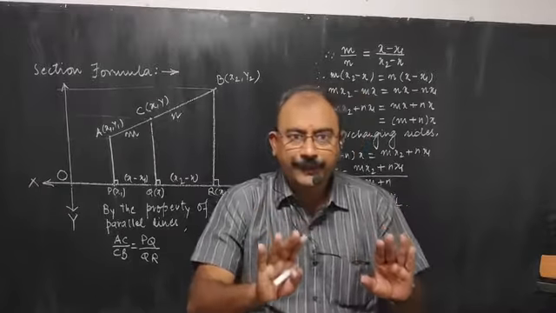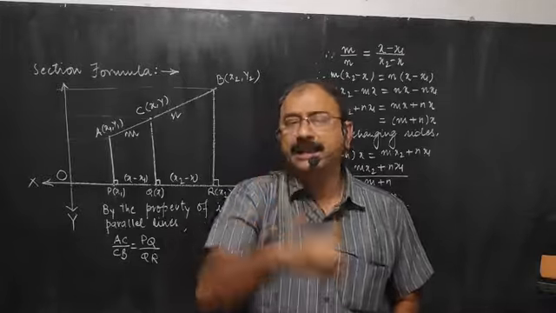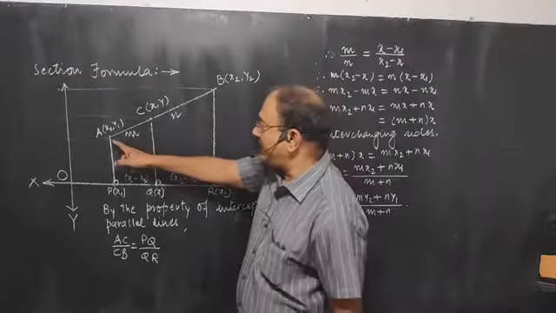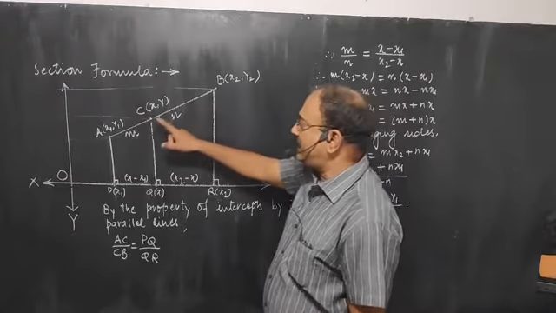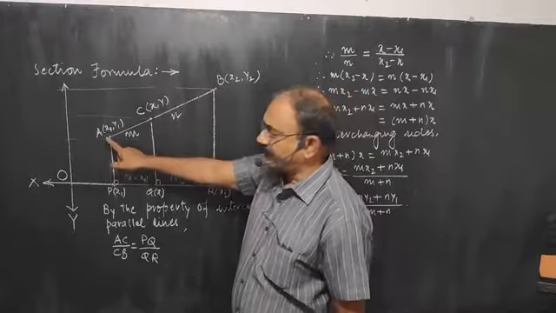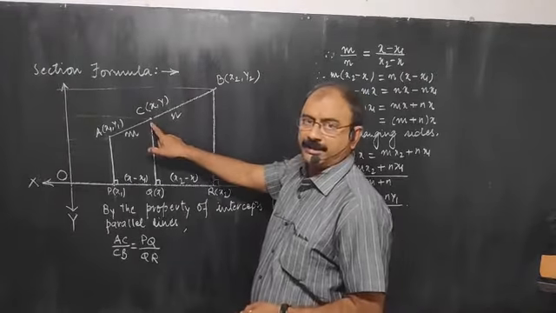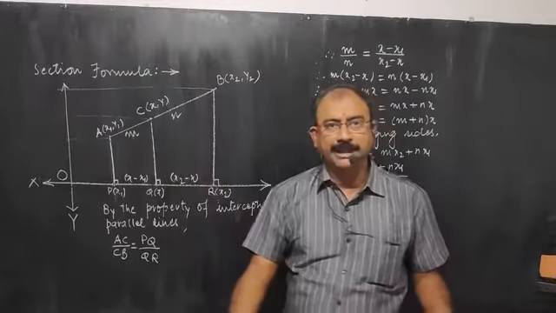Out of these 4, if any 3 are given, the 4th can be calculated. That means if they give you A and C, you can find out B. If they give you C and B, you can find A. If they give you A and B, you can find out C. If all these 3 points are given, the ratio of division also can be calculated.